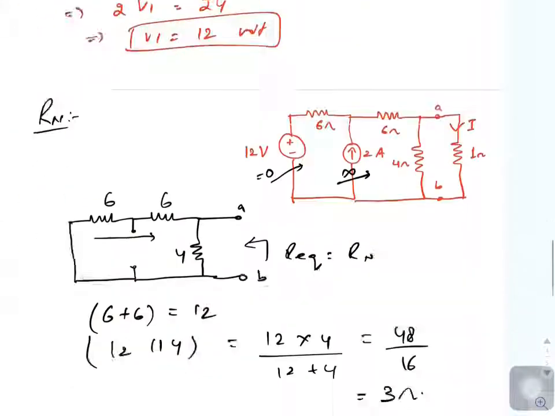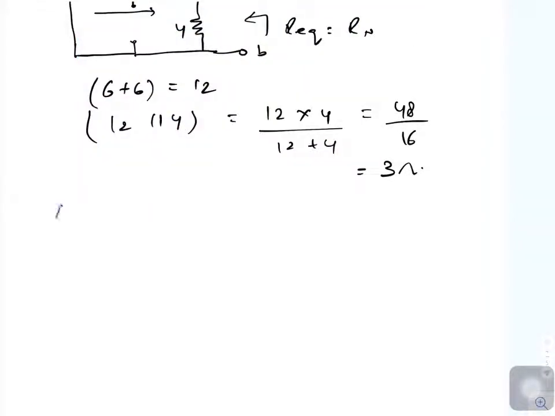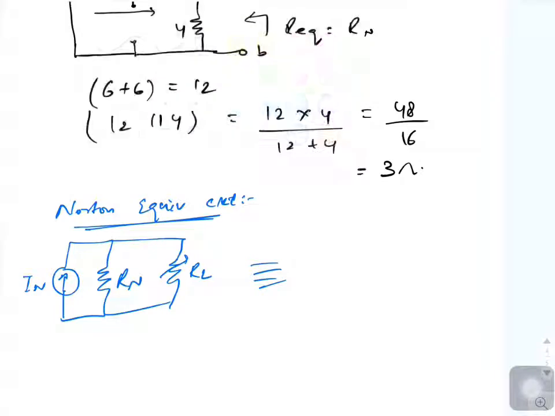So once your both calculations are done, we will come to the Norton equivalent circuit. So the Norton equivalent circuit was Norton current in parallel to the Norton resistance and then load of RL. So what is this for our problem?